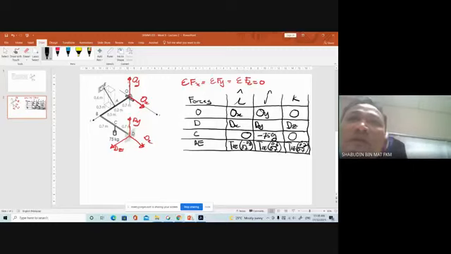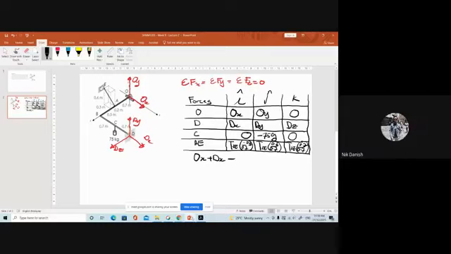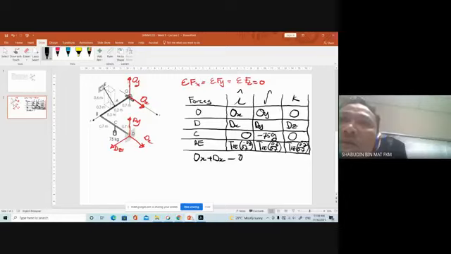So you're going to have OX plus DX minus 0.3 divided by 0.7, which is 0.43. So 0.43 TAE equals 0.